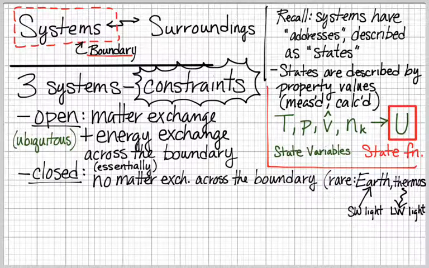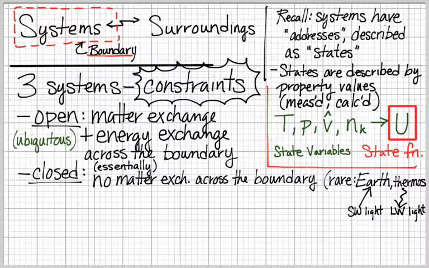So Earth, as a planet, is in the void of space, and for the most part, there's not a lot of matter exchange. We're really only exchanging light, radiant energy, coming from the sun in the shortwave form, and emitting longwave light out into space, and very little matter exchange occurs.